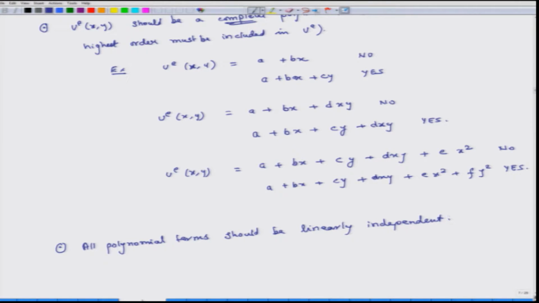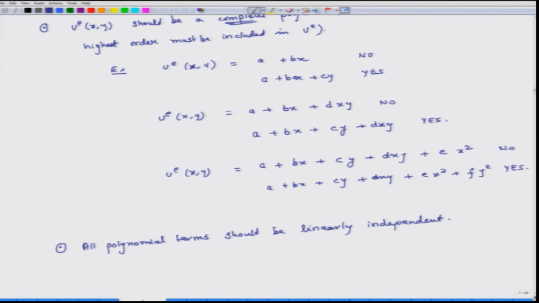They should not be linear combinations of two things. So, I cannot have a plus bx plus cx, because bx plus cx, they are not linearly independent. Okay. So, that is an important thing.